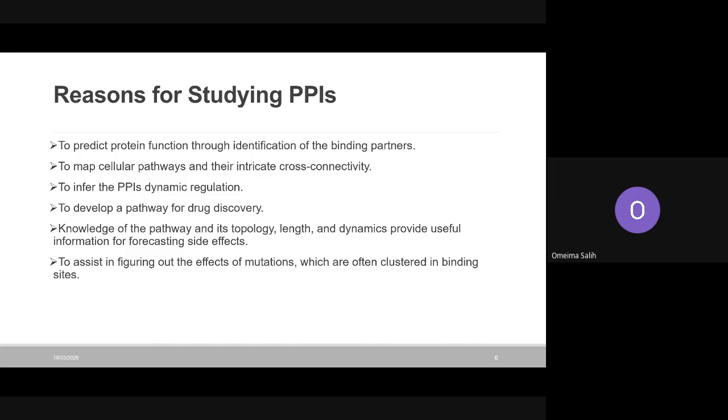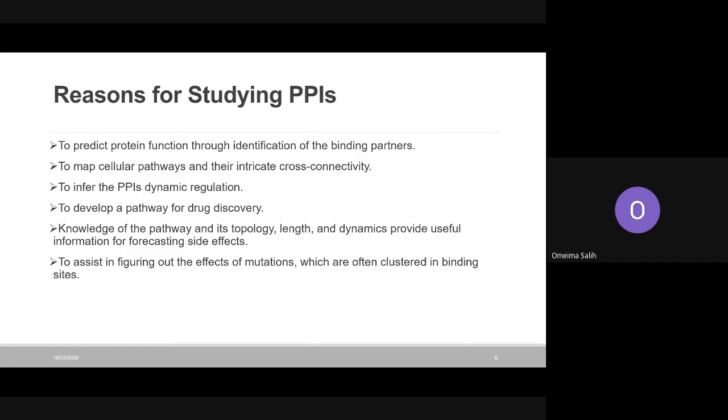So to know the protein function, you need to know its binding partners. And the other reason why we study protein interactions is to define the cellular pathways, because all this again depends on protein interactions.